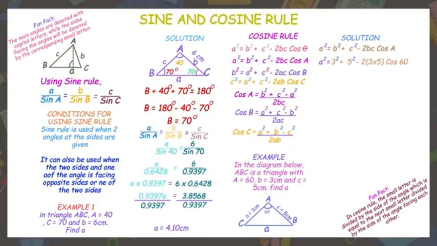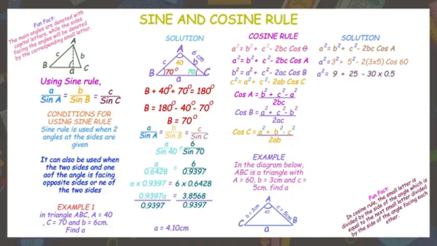So that means we are going to have A square to be 3 raised to power 2 means 3 times 3, which is 9, plus 5 raised to power 2 means 5 times 5. We have it as 25. Minus 3 times 5 is 15.